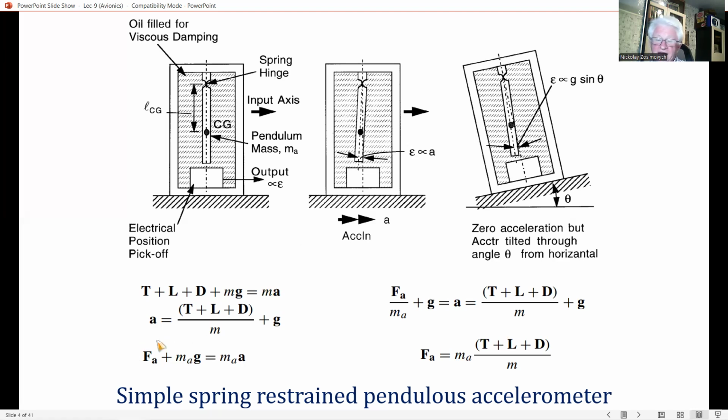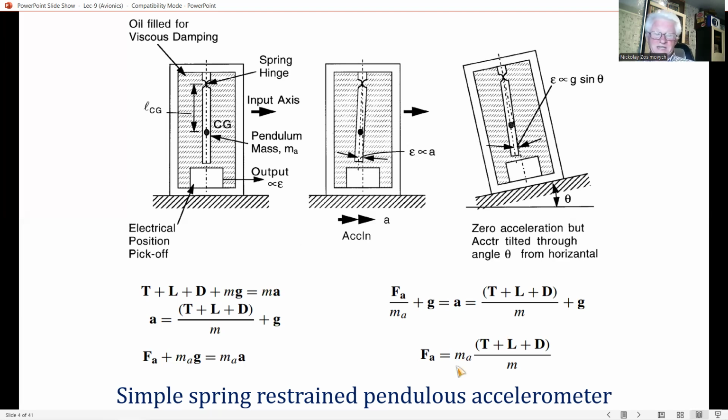The force Fa required to constrain the suspended mass Ma is given by the expression Fa plus Ma g equals Ma times A. Dividing both sides by Ma, we get Fa over Ma plus g equals acceleration, which gives (T plus L plus D) over m plus g, and hence a very simple expression for Fa.